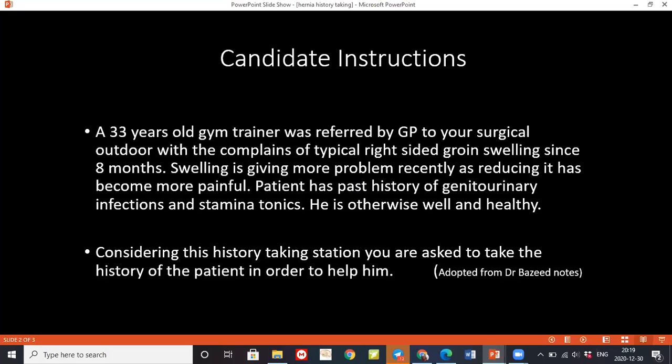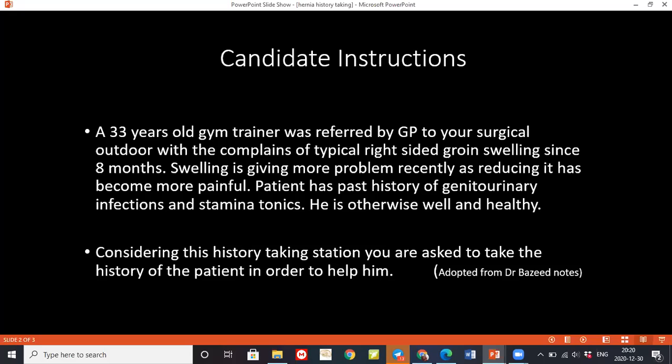So, what else? Yes, in history taking, you could have added one more question: if the patient has history of recent overseas travels. Once you came to know the patient has genitourinary tract infection history as well, then you can even ask if patient has one partner or multiple, and if patient has ever been tested for HIV.